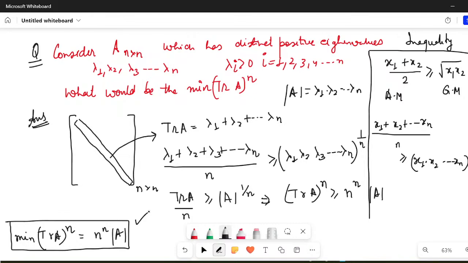So when inequalities play an important role, we should know them in great detail. Just give me a minute and then I'll take another problem for you.